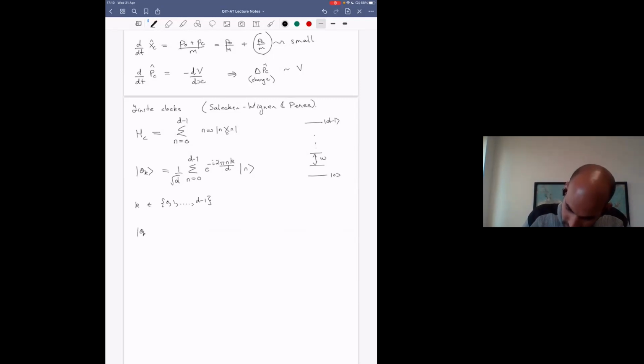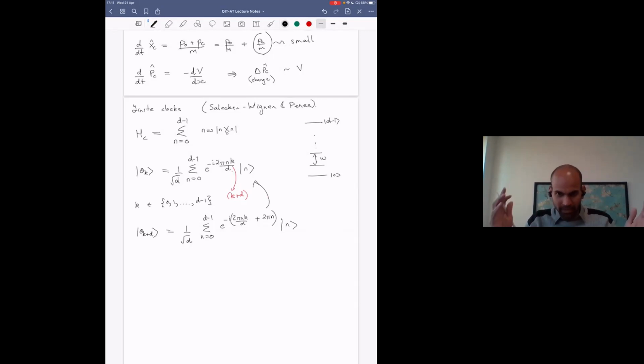So if I take theta k plus d, then this by definition is the sum over n from 0 to d minus 1 of e to the i, 2 pi n k upon d, and that other term is going to be plus 2 pi n, because I've taken k to k plus d, and the d over d cancels, giving us 2 pi n, which is exactly equal to the original, because e to the i 2 pi n is 1.